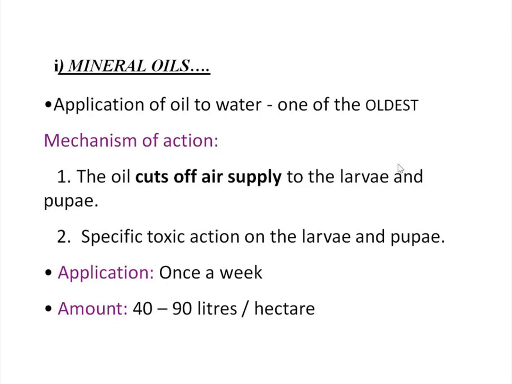Okay, that is the thing about mineral oils. They kill the larvae simply by cutting off the air supply because it causes suffocation. If oil is present on the surface, it blocks the air. That's how it prevents the air supply to the larvae or pupae.